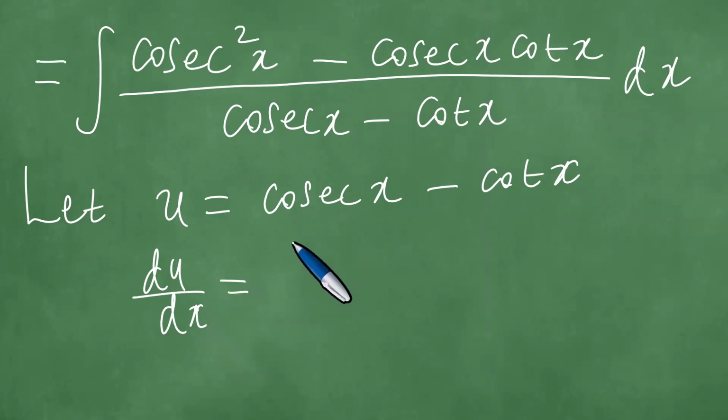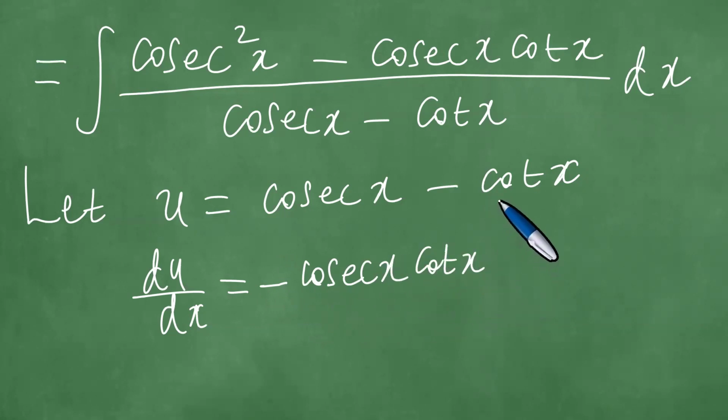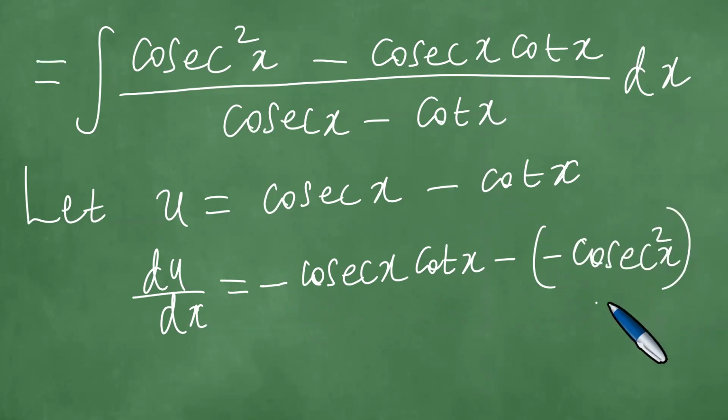Right, the derivative of the cosecant of x is the same as minus the cosecant of x, the cotangent of x. And the derivative of the cotangent of x is minus the cosecant squared of x, like so.